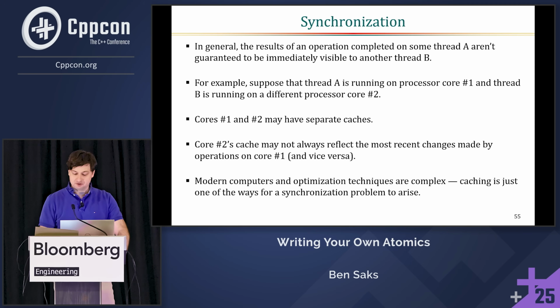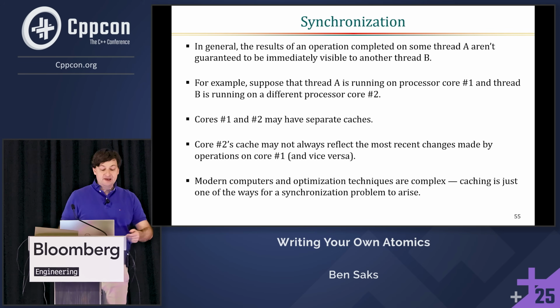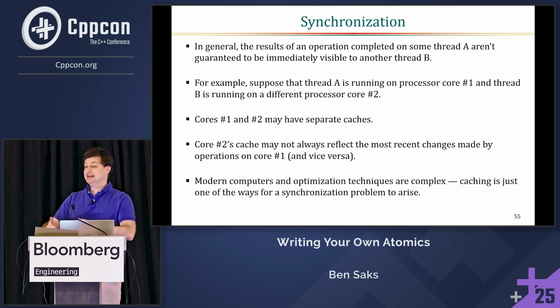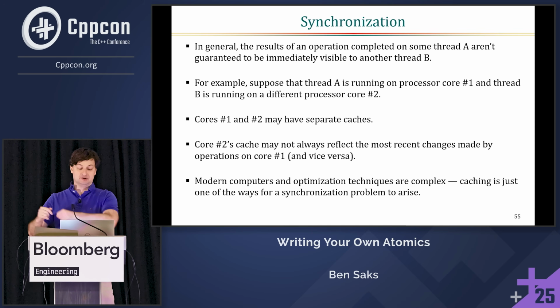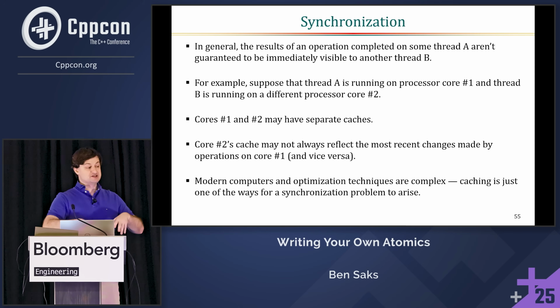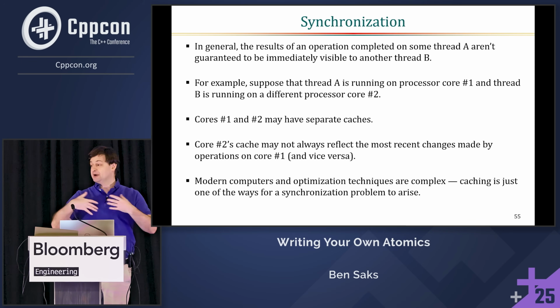And that's where synchronization comes in, because in general, in a multi-threaded application, we can't trust that the results of an operation performed on some thread A are immediately going to be visible to some other thread B.